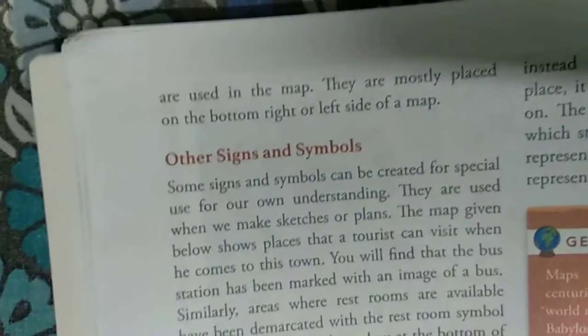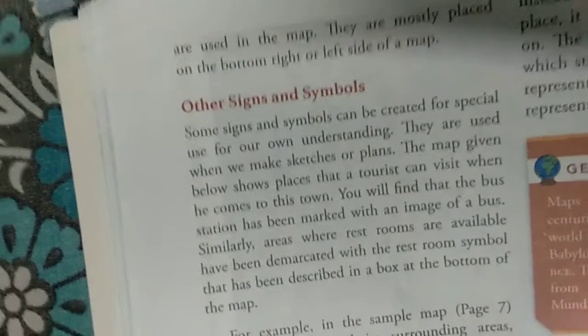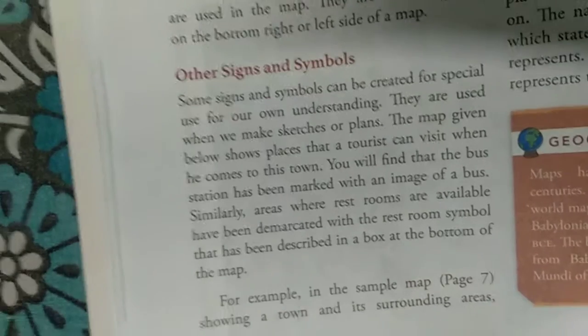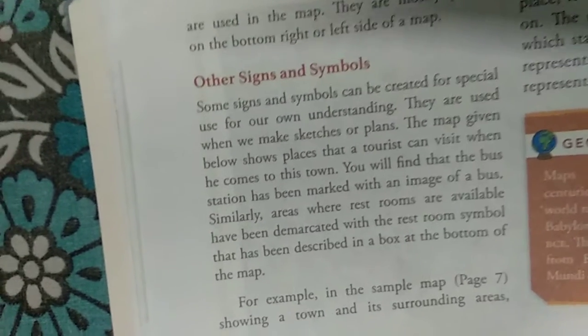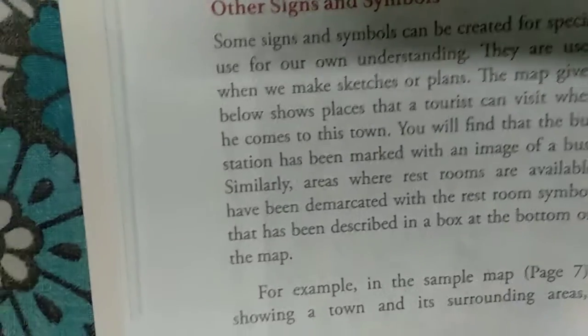They are mostly placed on the bottom right side or left side of the map. Apart from these, other signs are also used for special uses for our own understanding. They are used when we make sketches or plans.